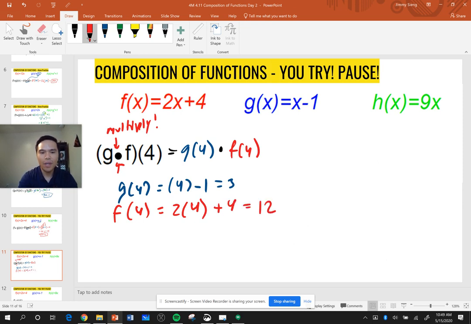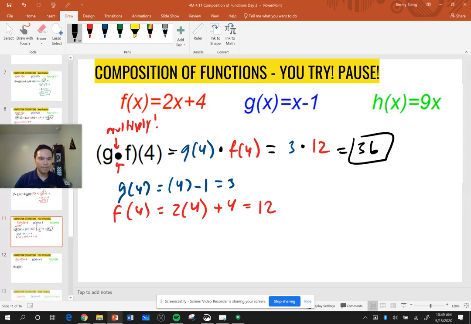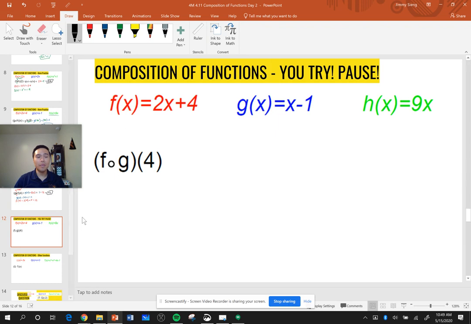That's 3, that's 12. So really what we have here is 3 times 12, right? That's 36. I feel like I'm going too fast. If I am, please pause, go back to it. You can pause the video, see what I did here. I feel like we learned this, so it's pretty straightforward, right? Again, just extra practice to help you feel good about it.